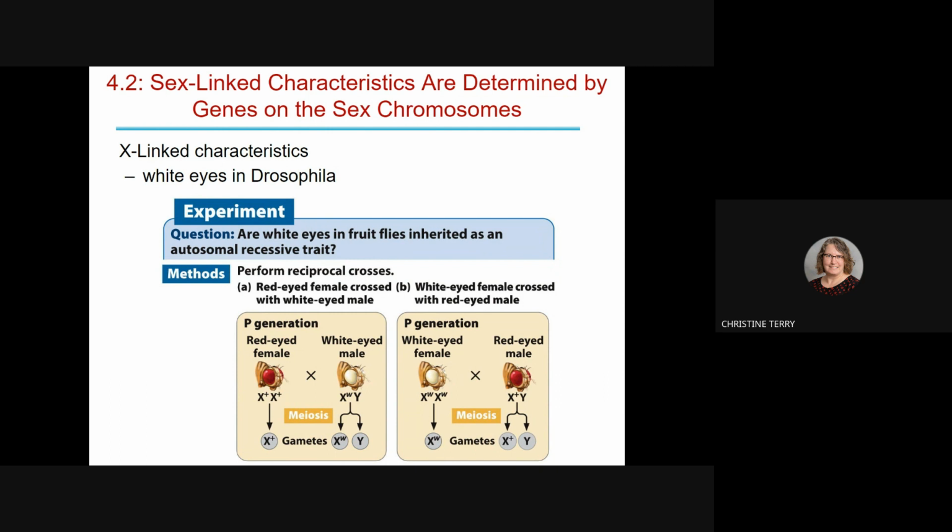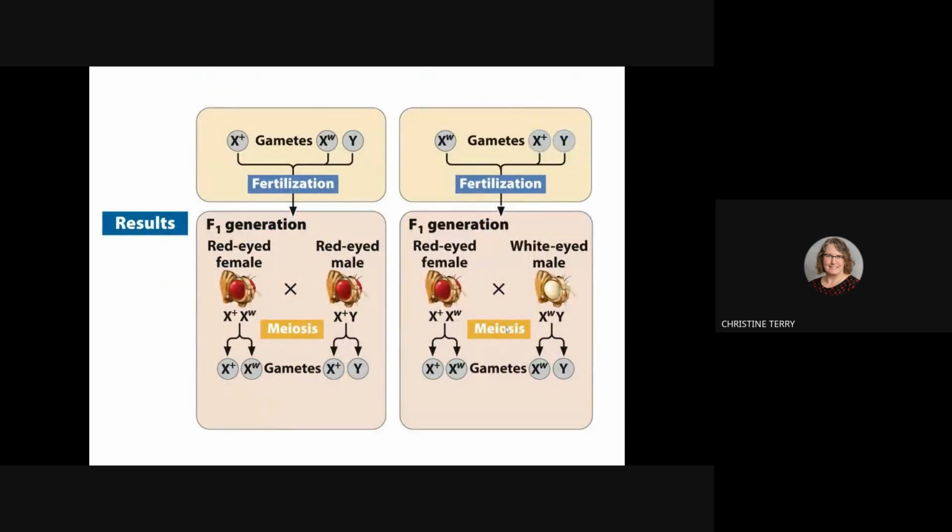So a reciprocal cross is when you swap the phenotypes of the parents. Here we have a red-eyed female crossed with a white-eyed male. And here we have a white-eyed female crossed with a red-eyed male. And look at what happens in the offspring. When these fertilize, we're going to end up with all of the flies being red-eyed, right?